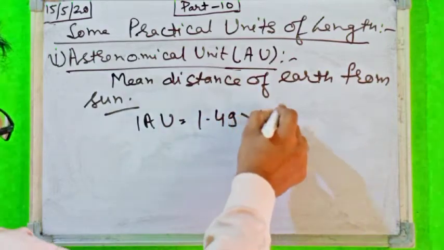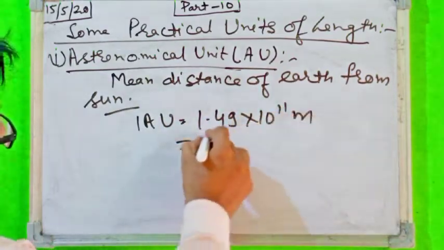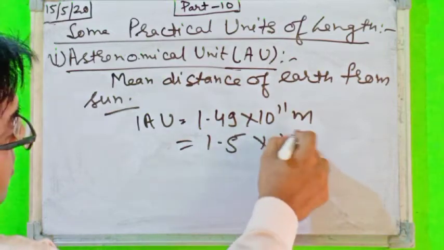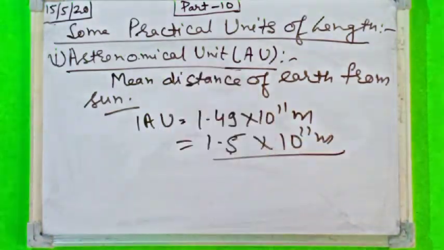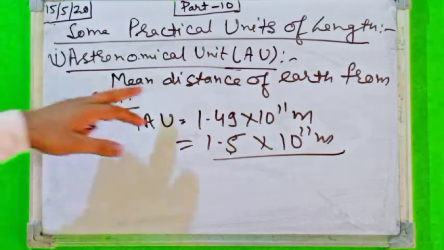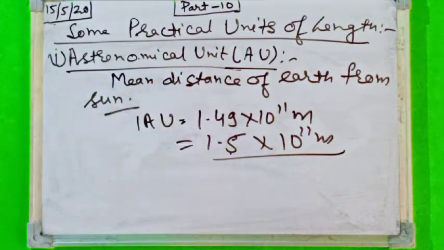We discussed the astronomical unit in the Copernicus method to find the distance of superior planets and inferior planets from the Earth. So the astronomical unit is the mean, average distance of Earth from the Sun, and it is considered as 1.496 into 10 to the power 11 meter. It is a larger distance.